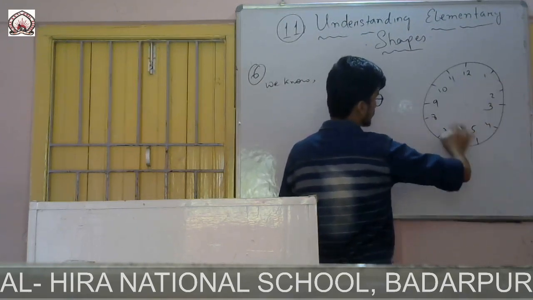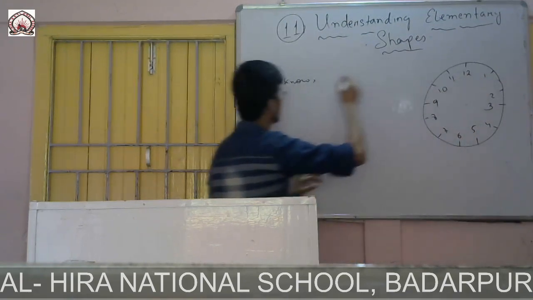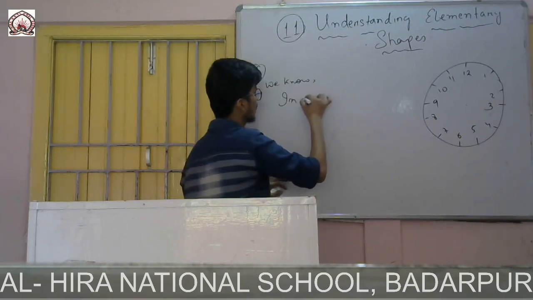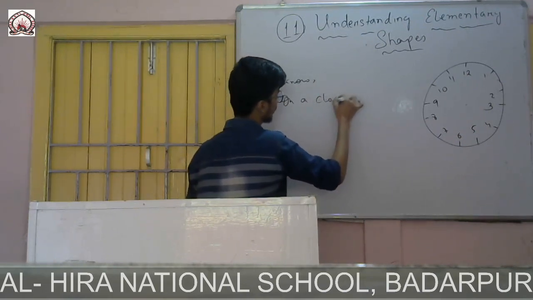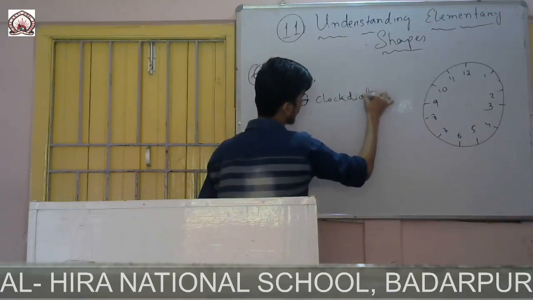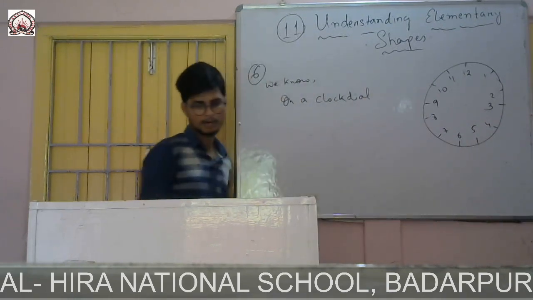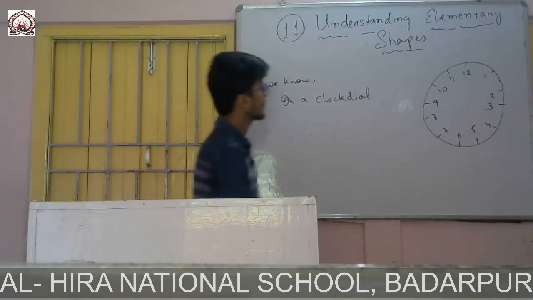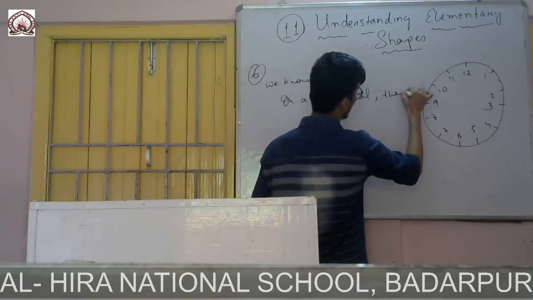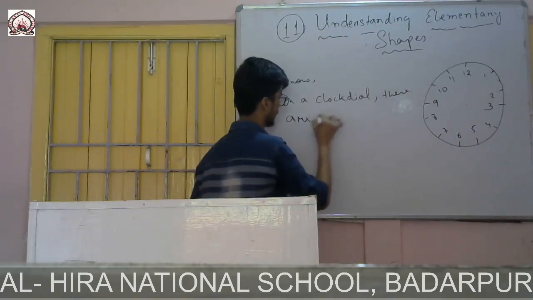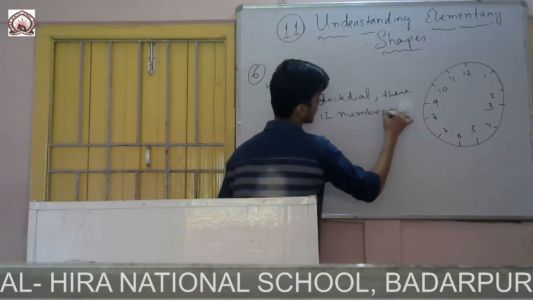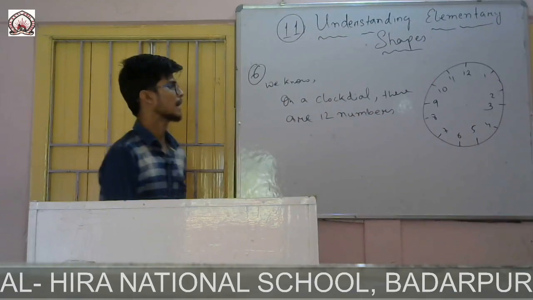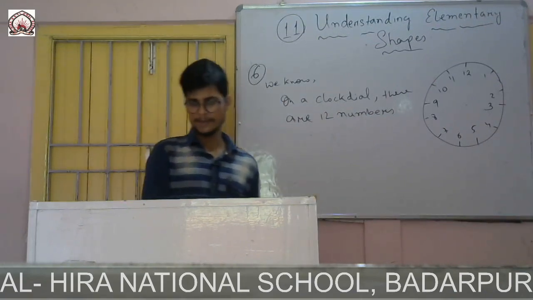If I start from 1, how many numbers? 12 numbers. On a clock dial there are 12 numbers.